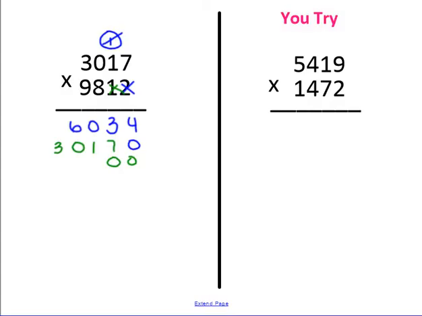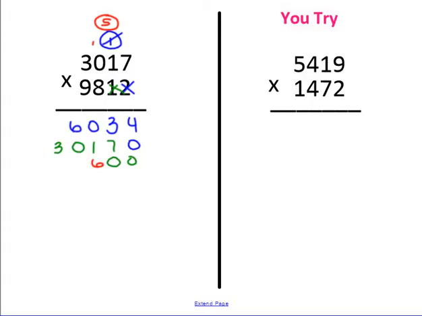Now I'm going to move on to the 8. 8 times 7 is 56. 8 times 1 is 1, plus 5 is going to be 13. 8 times 0 is 0. 0 plus 1 is 1.